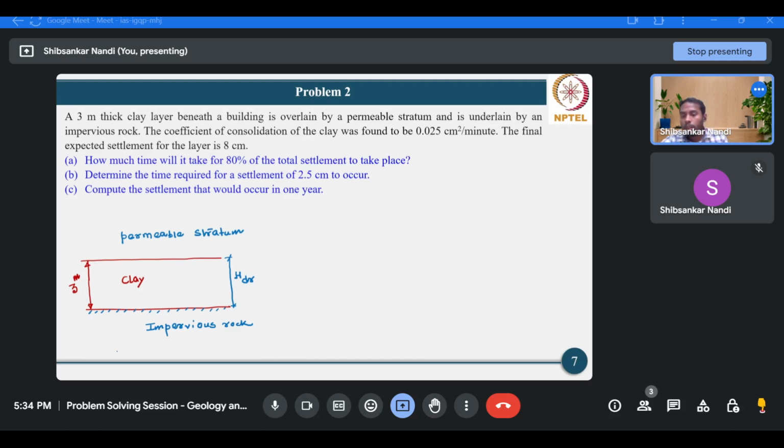Now, as per the problem, what is the value of the coefficient of consolidation? The CV value is 0.025 centimeter square per minute. And what is the final expected settlement of the layer? So S infinity, the final expected settlement of the layer, is 8 centimeter. Now, for the first question, we'll try to answer how much time it will take for 80% of the total settlement to take place.